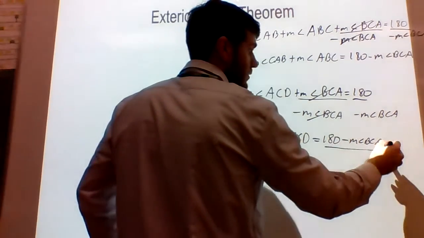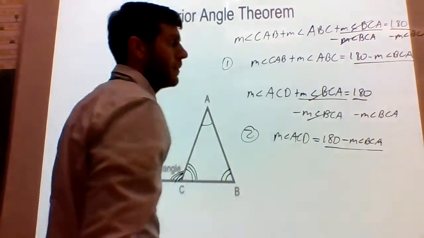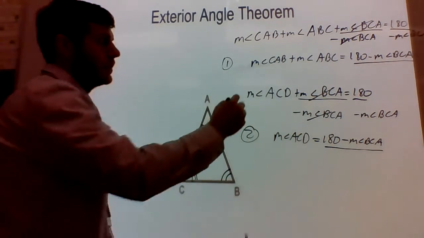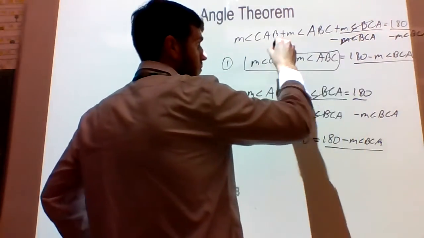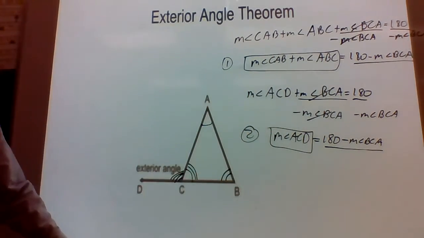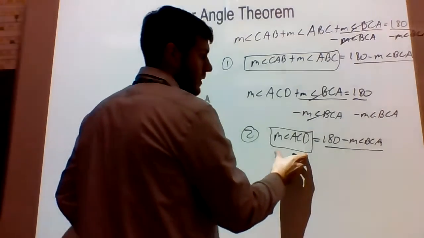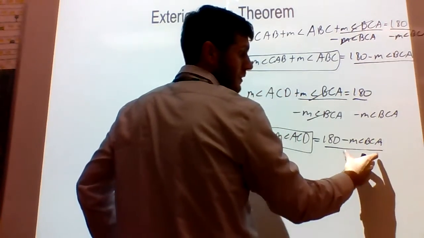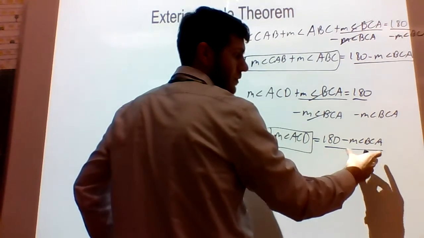We notice both equations equal 180 minus the measure of angle BCA. So we can either use the transitive property of equality, or we can use substitution. We can substitute in the measure of angle ACD for 180 minus the measure of angle BCA, because that's what it's equal to.